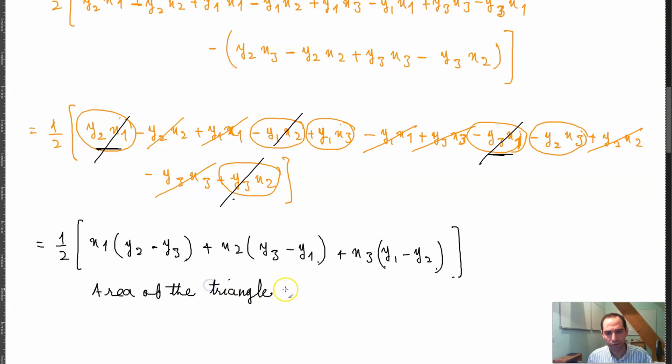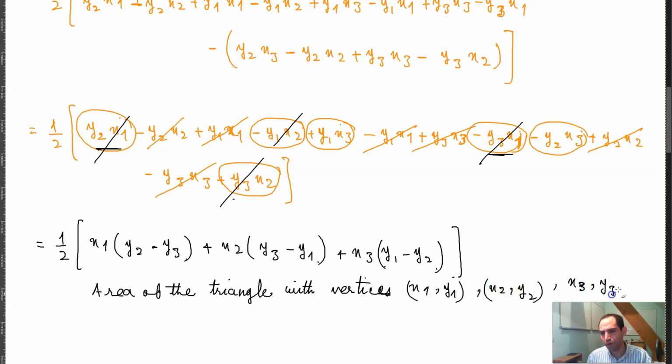That is the area of the triangle with vertices x1 y1, x2 y2, and x3 y3.